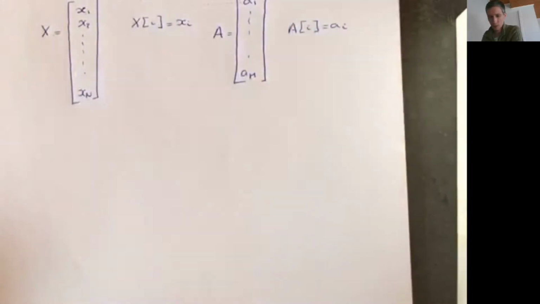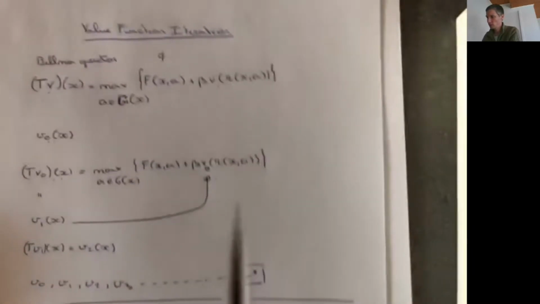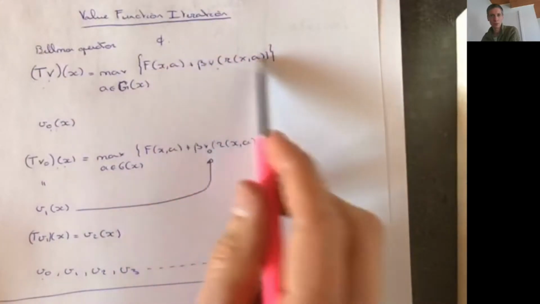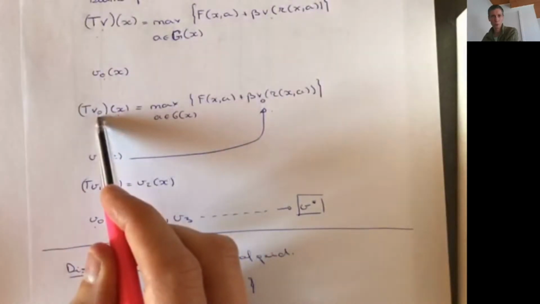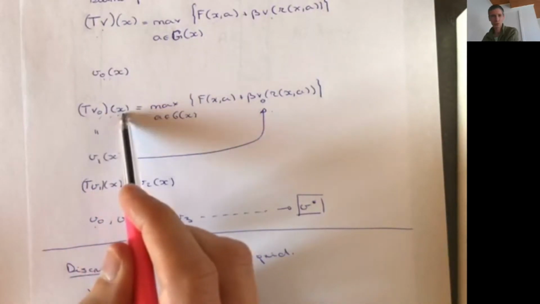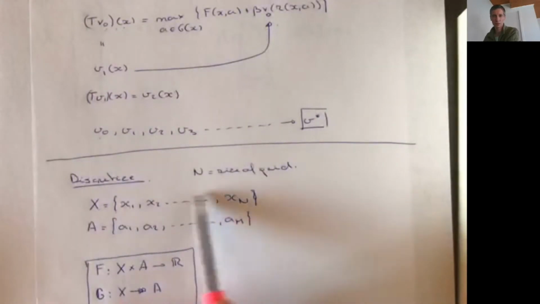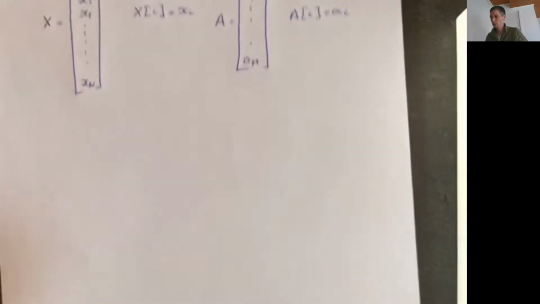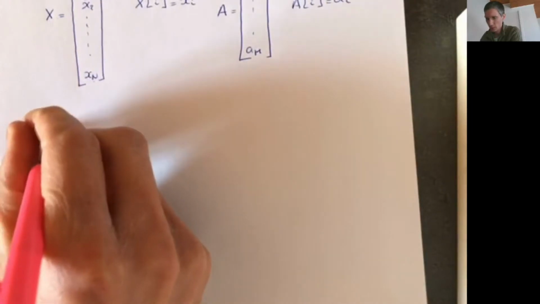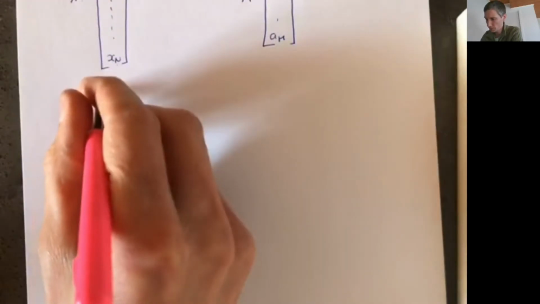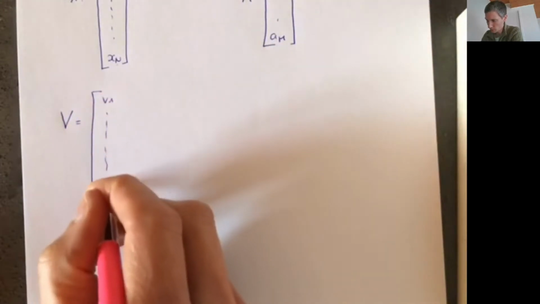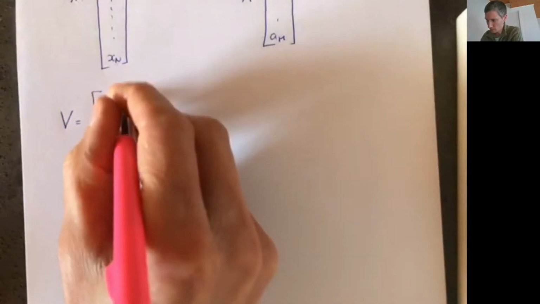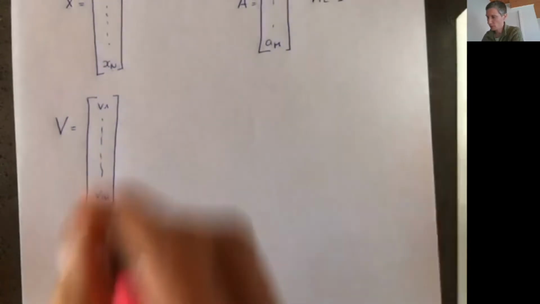Then we also need to store the value function, because at every step we're going to compute this on these finitely many states. So a value function you can write as a big vector v, which is going to have v1 until vn elements, so it's n-dimensional.